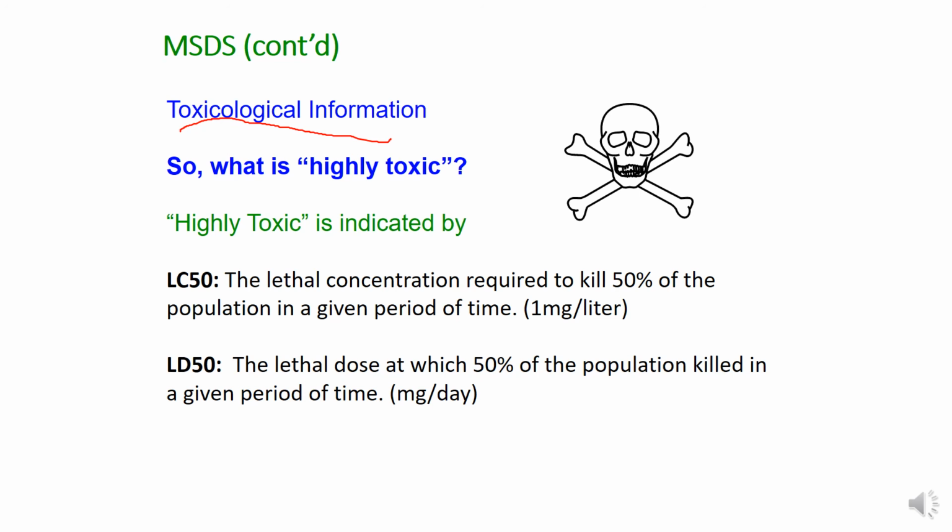It is about toxicity, highly toxic, indicated by this pictogram sign you can see on some labels. In the toxicology information, it might have an LD50 dose or an LC50 concentration. They will mention a number in brackets. So what is this LC50?